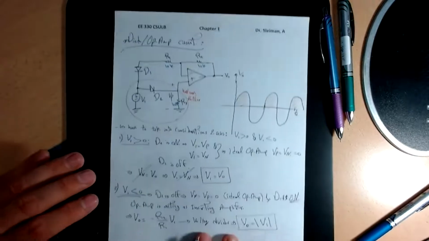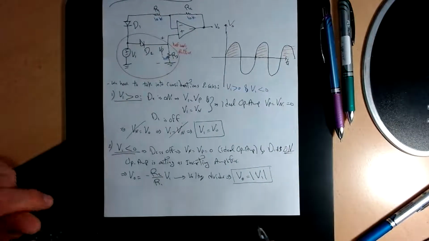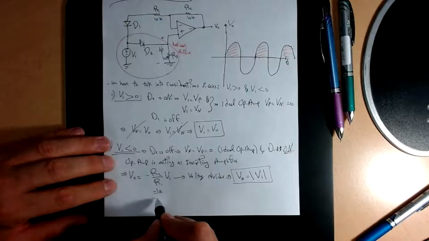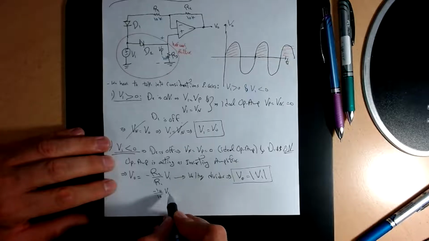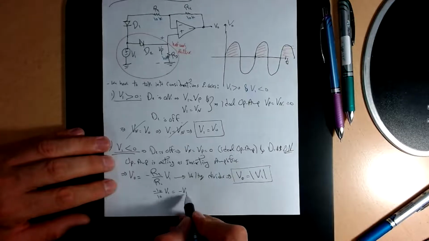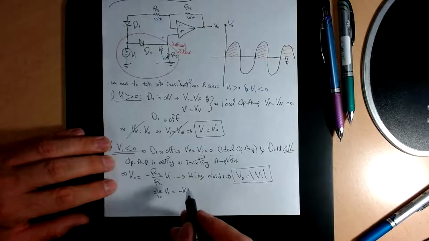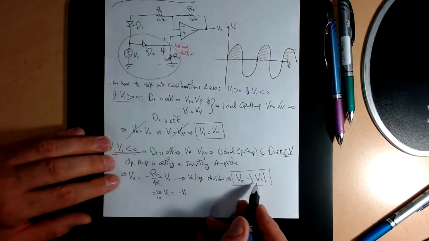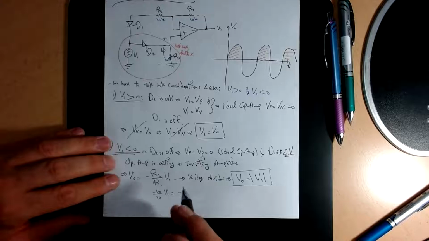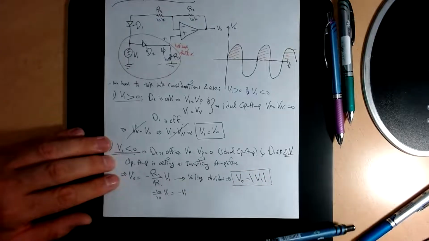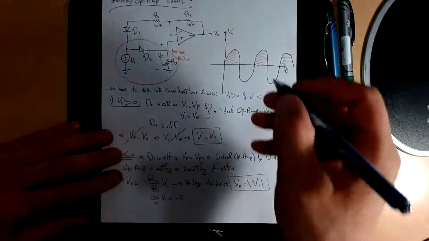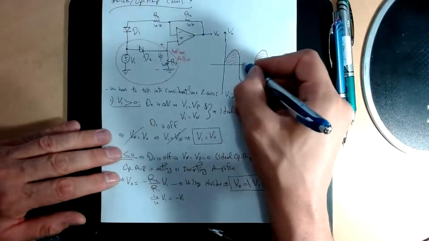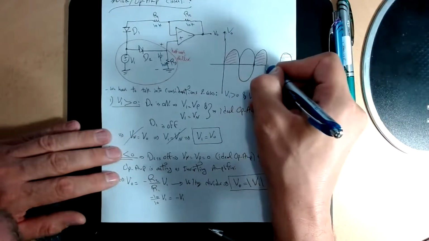So going back here, substitute R2 is negative 10 divided by R1 is 10, times V1, is equal to negative V1. So most likely V0 is equal to negative V1 if we put everything together. So for the second case, the negatives cancel and it will be equal to the positive.